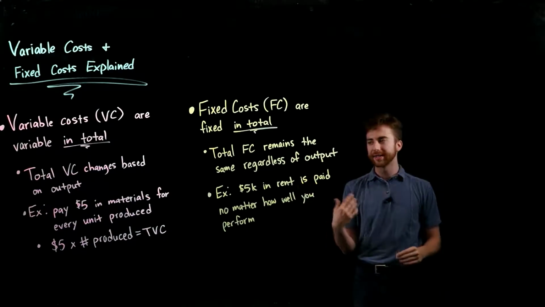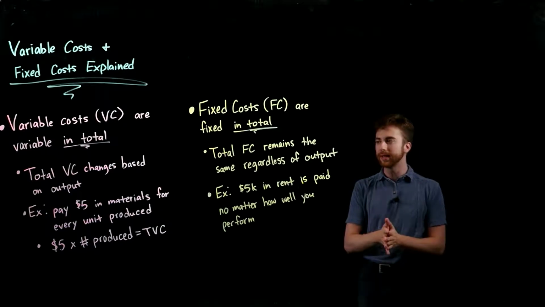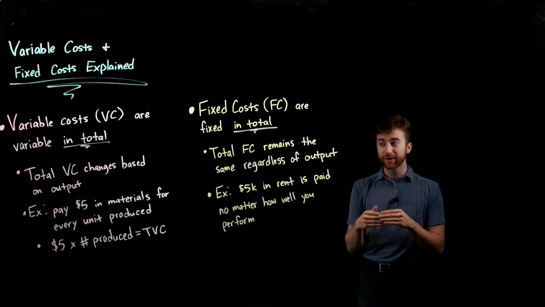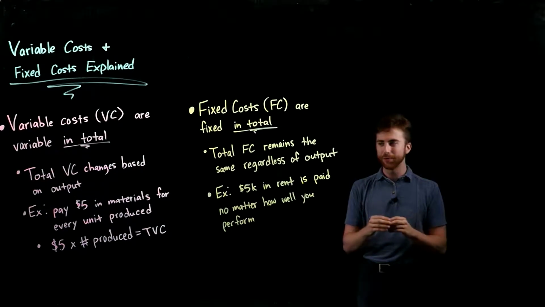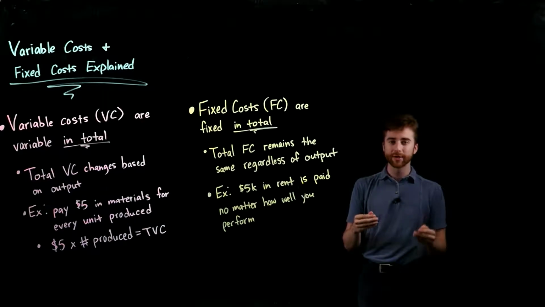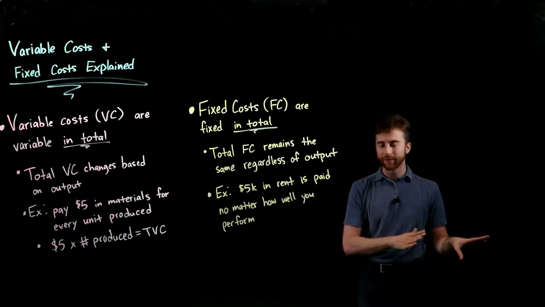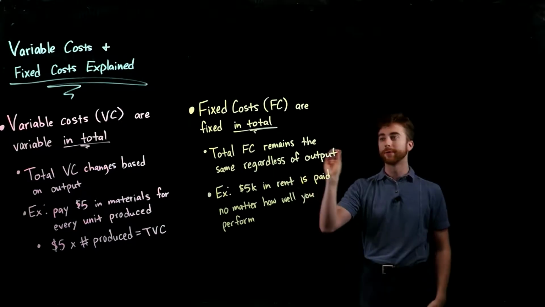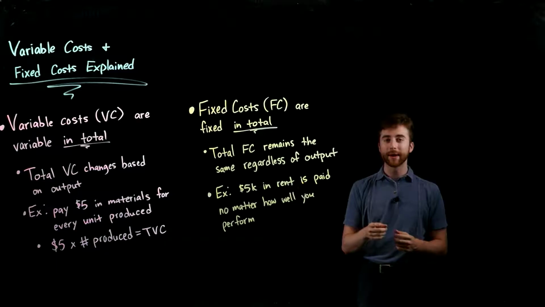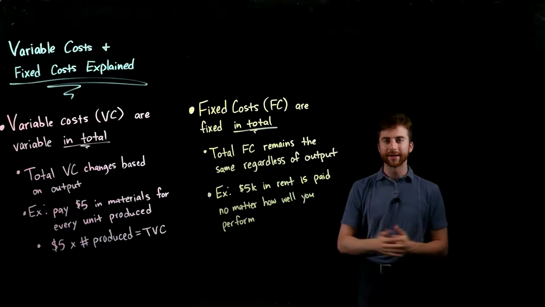Whereas with variable costs, if you have a bad quarter or a bad month, the variable costs are only based on your level of output and your level of sales. So you may not have huge sales, but your costs aren't that high either because they went up and down along with it. That's another story, but this is explaining overall variable costs in total versus fixed costs in total. So let's talk about how variable and fixed costs are on a per unit basis to summarize everything.